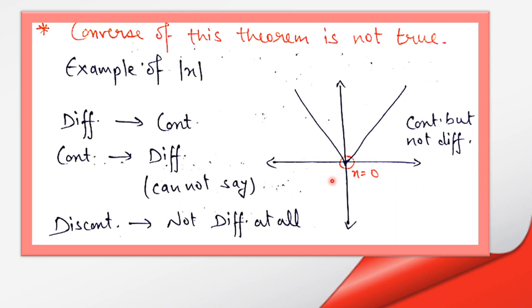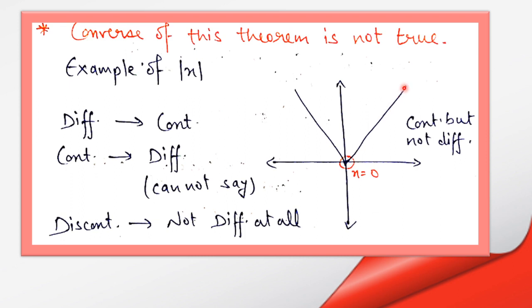Now look at this graph of mod x, students. The converse of this theorem is definitely not true, because as per the definition, when we can draw a curve or a graph without lifting our pen or pencil, we call it a continuous graph. So here we can draw the graph without lifting our pen or pencil, right?